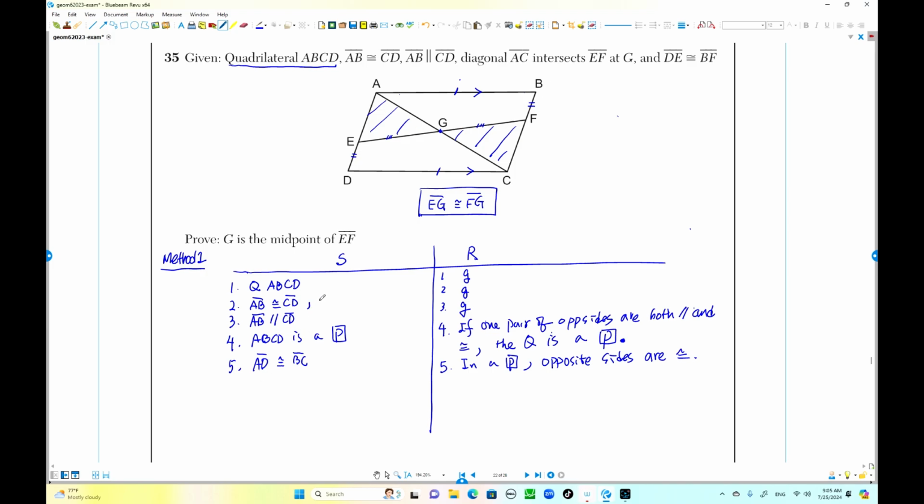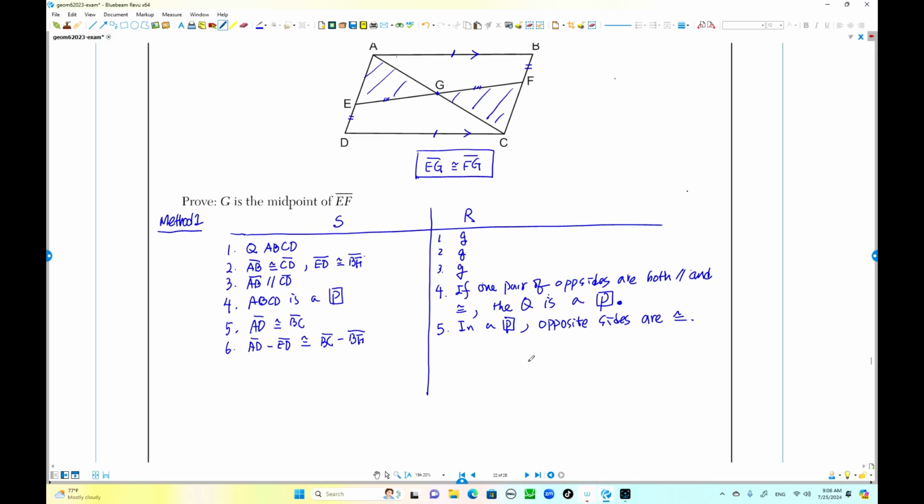I'm going to write it down over here: ED congruent to BF. So AD minus ED is congruent to BC minus BF. An equal quantity subtracted from equal quantities is still congruent.